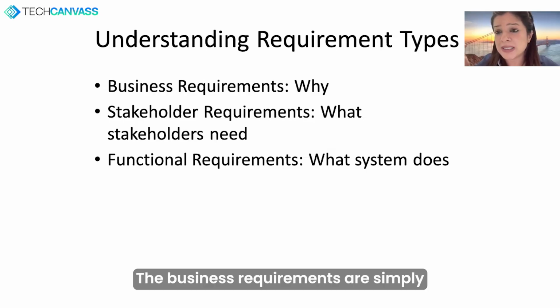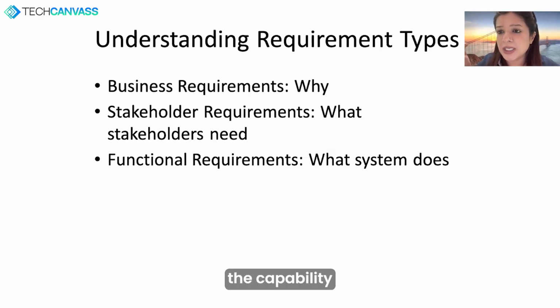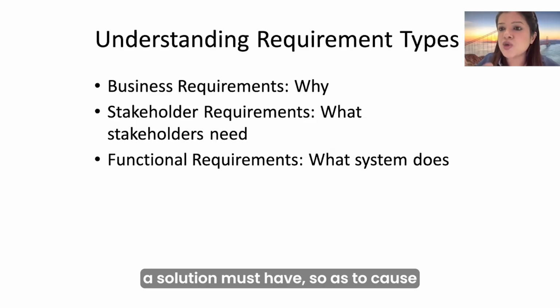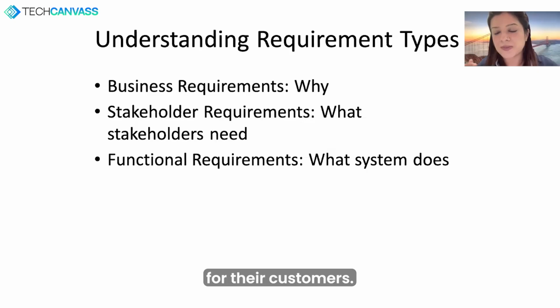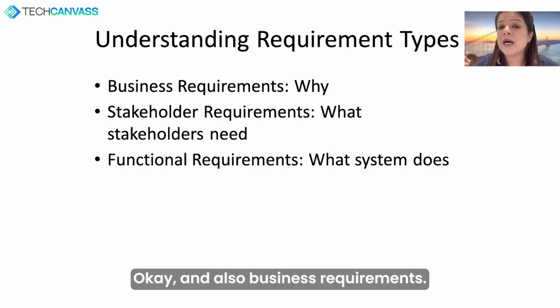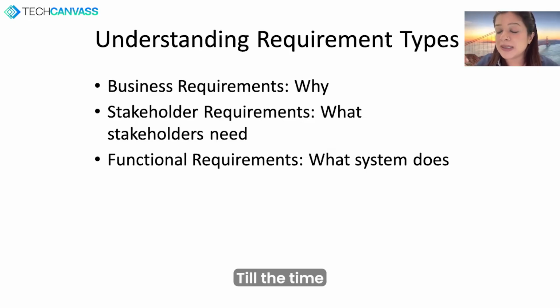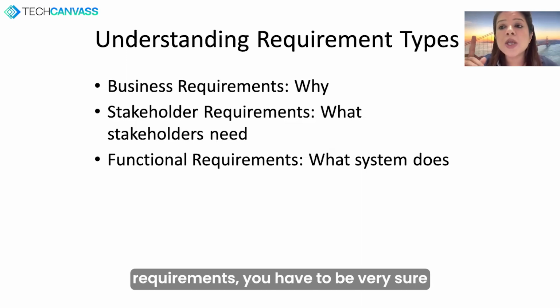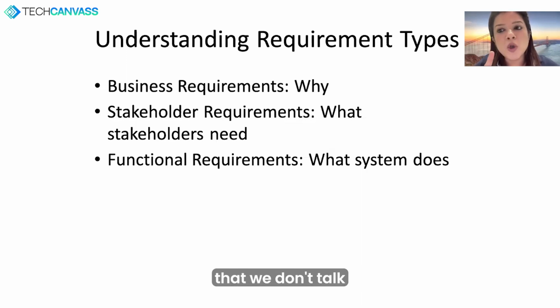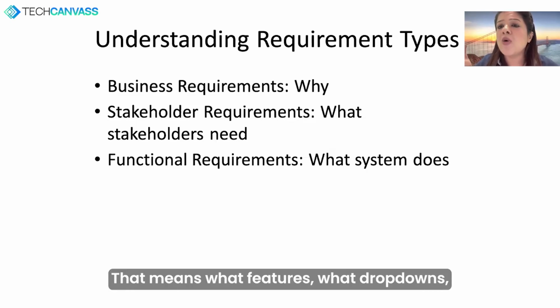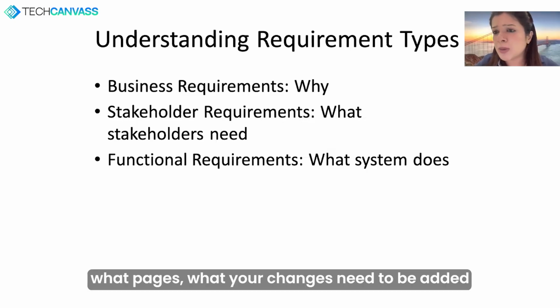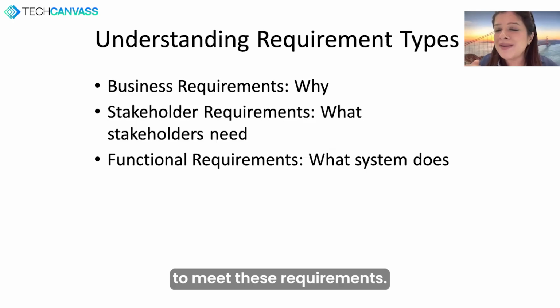The business requirements are simply the capability a solution must have so as to create a more user-friendly atmosphere for customers. And until we are discussing business requirements, you have to be very sure that we don't talk about solution specifications. That means what features, what drop downs, what pages, what UI changes need to be added to our current application to meet these requirements. We don't talk about it.